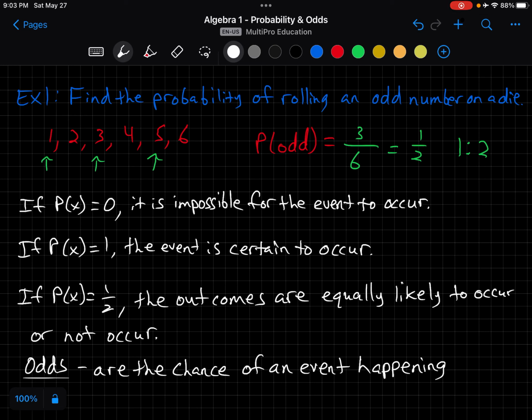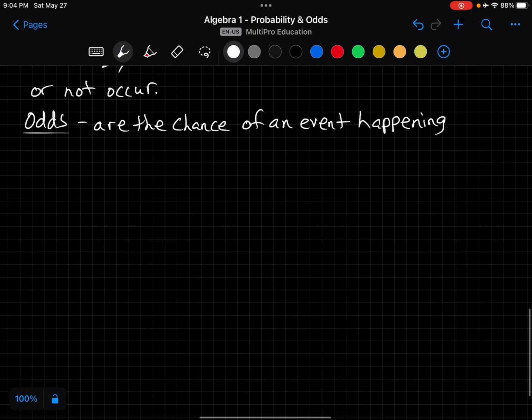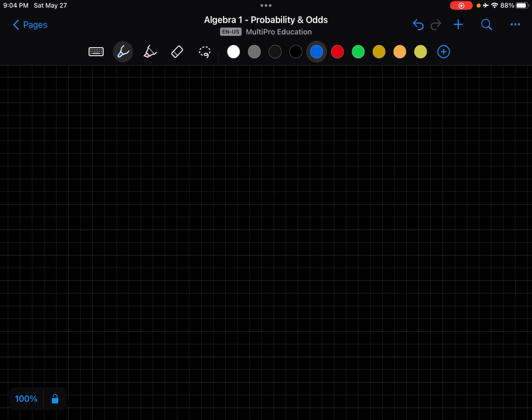If I take 30% and put that in decimal form, that would be 0.3. And we have to add up to a total of 1. So 1 minus 0.3 is 0.7. In percentage form, 0.7 is 70%. So it's a 70% chance it will not rain, but a 30% chance it will rain. So what we're doing here is looking at the odds of events occurring. Let's look at another example.